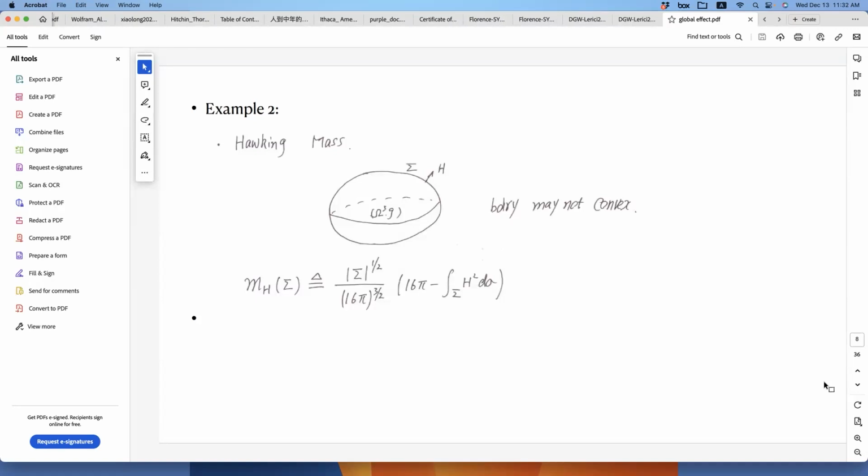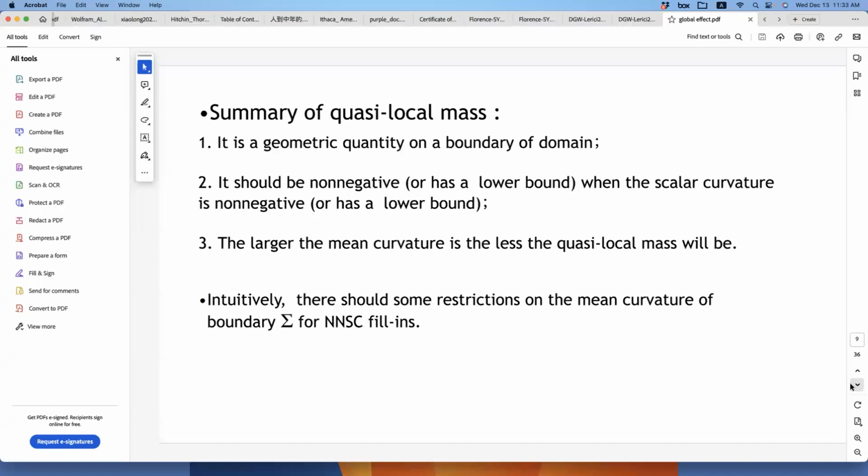Now here are some common features of quasi-local mass. First, it is a geometric quantity on the boundary of the domain. And second, according to certain physical laws, the quasi-local mass should be non-negative or have a lower bound if the energy density, that is scalar curvature, is non-negative or has a lower bound. And the third common feature of quasi-local mass is that the larger the mean curvature is, the smaller the quasi-local mass will be.